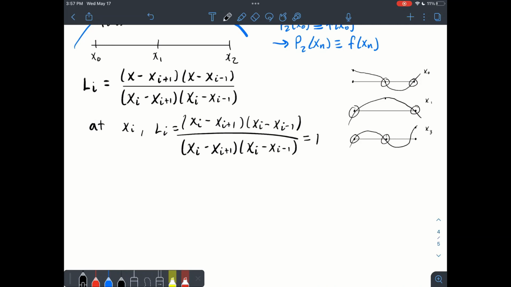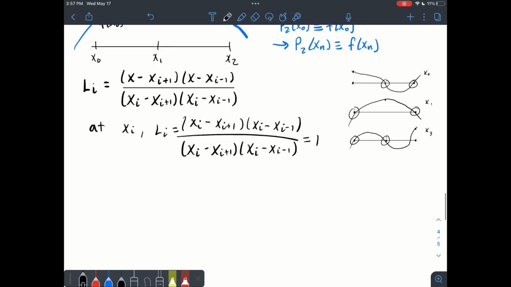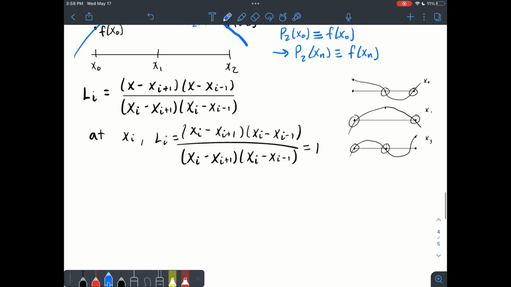So we need to go and think back to this thing we said earlier. At the function value xn, I want my polynomial to equal this. So I'm simply going to multiply by that. So I'm going to start constructing P2 here. I'm going to have 3 points, I've decided.